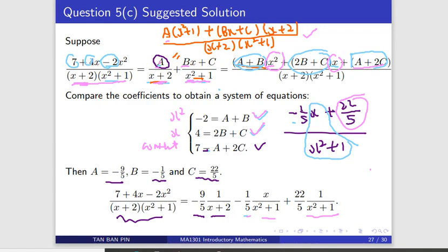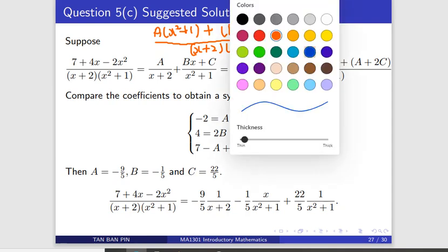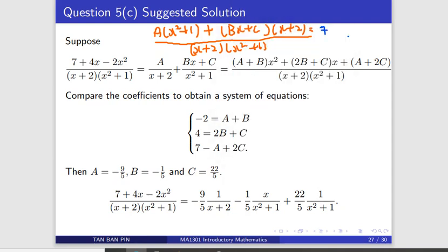After you combine the two fractions back to a single fraction, this is what you can do. Instead of comparing coefficients, you can say the numerator must be the same as 7 plus 4x minus 2x squared.